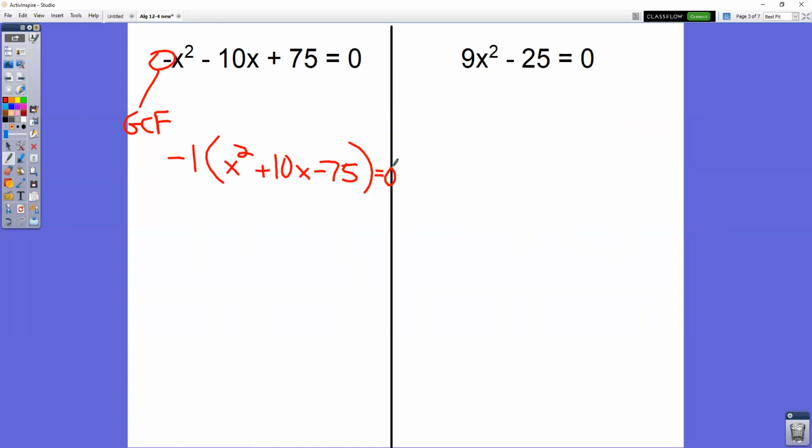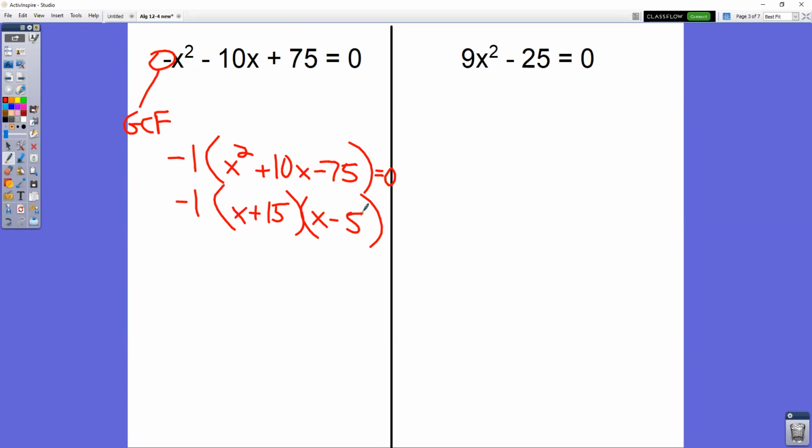Now you want to do reverse FOIL to the leftovers inside. What times what is -75 and adds up to 10? Well, we would have x plus 15 and x minus 5. 15 times -5 is -75, and 15 plus -5 gives you 10.